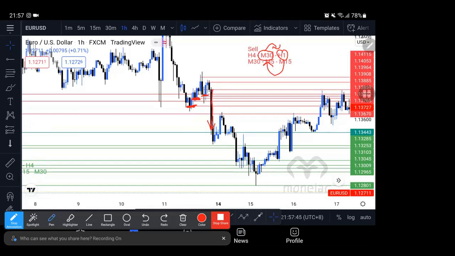So it broke. So we're gonna find our re-entry at M30. So this is our M30 key level. Everything that is marked is our M30 key level. So at the first moment when price came over here, maybe we can get some buy or we don't get buy at all. So we can get the sell entry over here. This is what happened at M30. There is a key level.